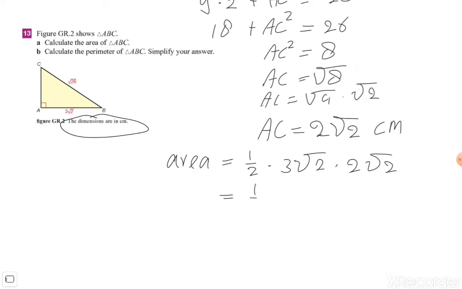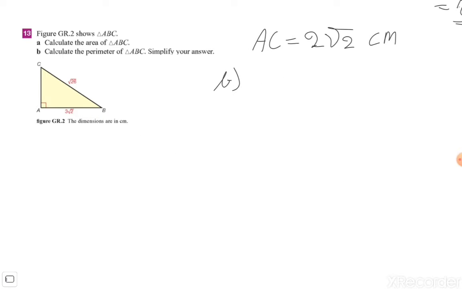So it's a half times, and I'm just using some colors because 3 times 2 is 6, so times 6, and the square root of 2 times the square root of 2, so multiply with itself, is just 2. And half times 2 is 1, and 1 times 6 is 6 square centimeters. So that's question A.